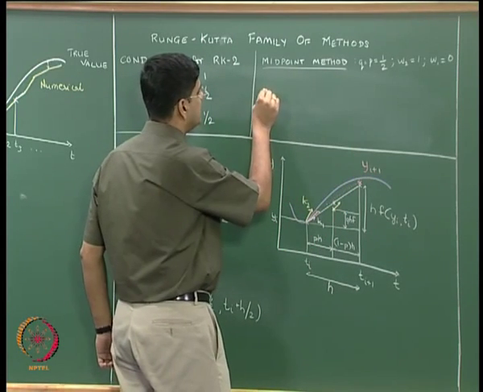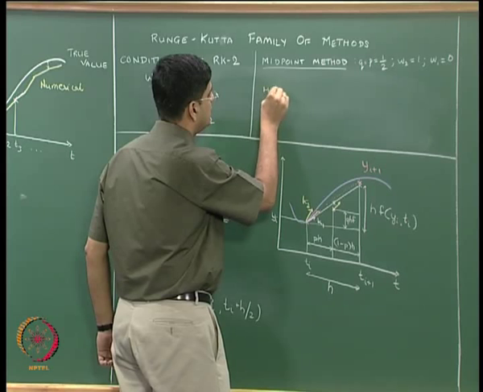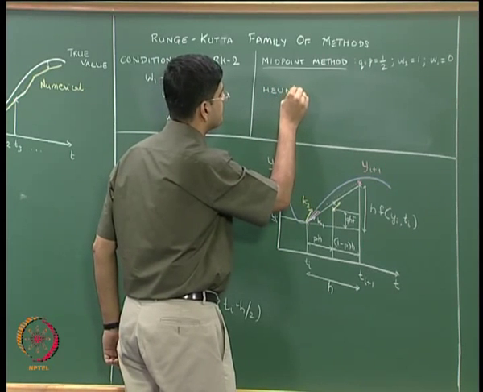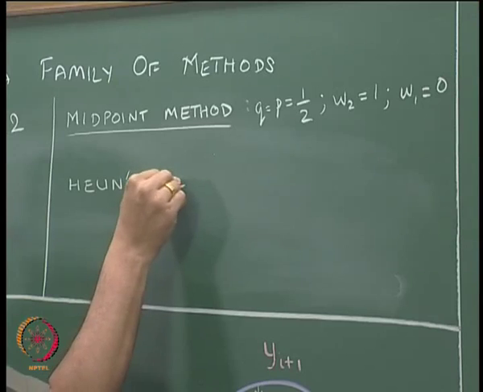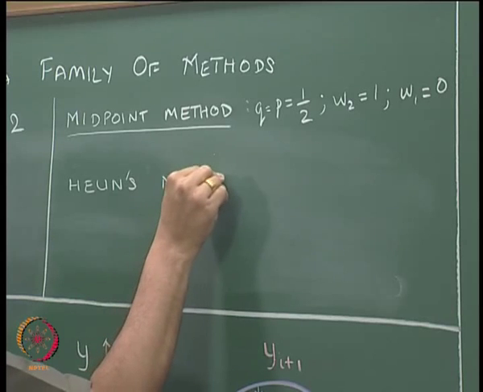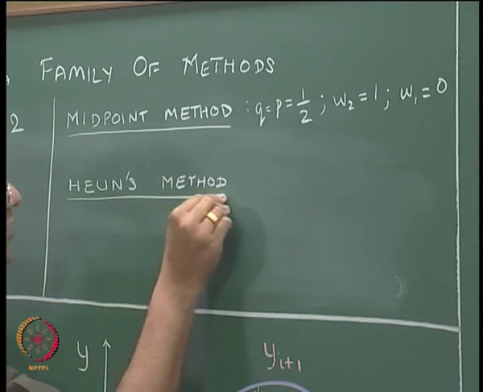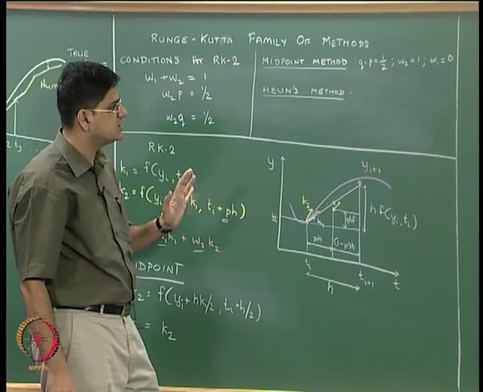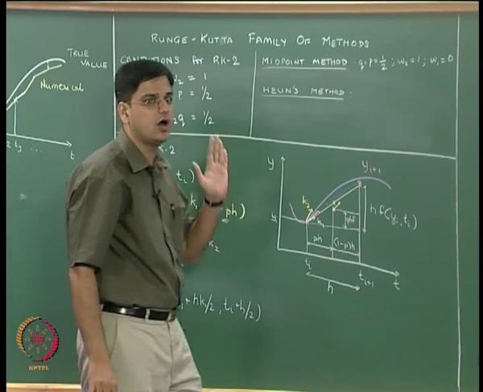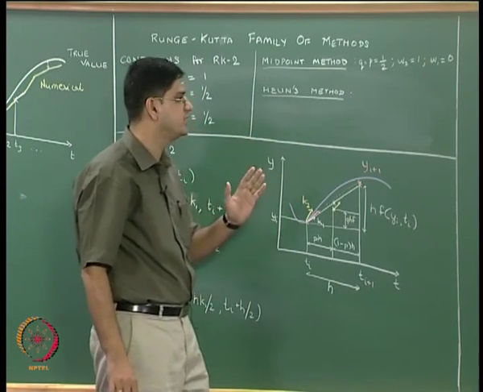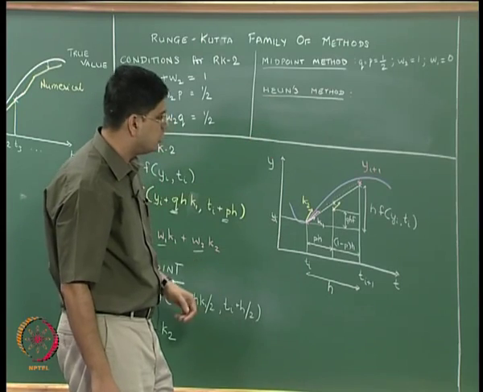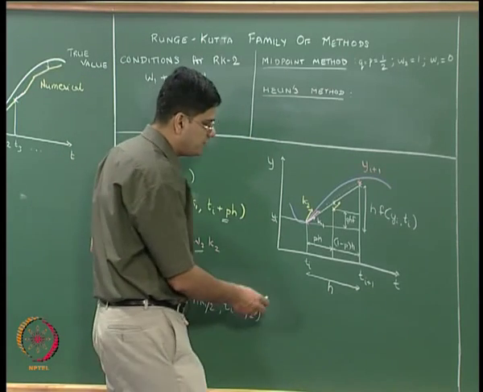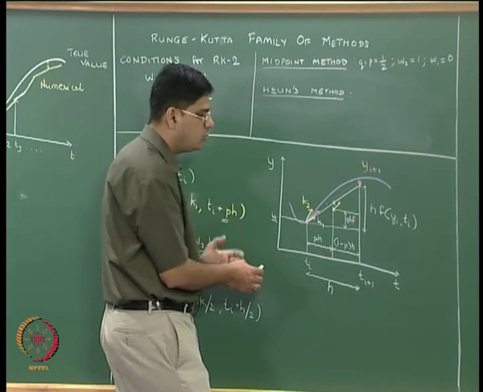The second possibility is what is known as Heun's method. This Heun's method, as we will show later, is kind of similar in idea to our trapezoidal method for doing the integration. In Heun's method, what we do is we choose our p equal to 1.